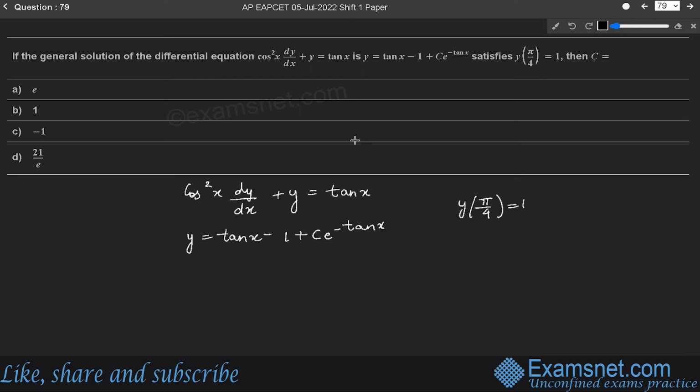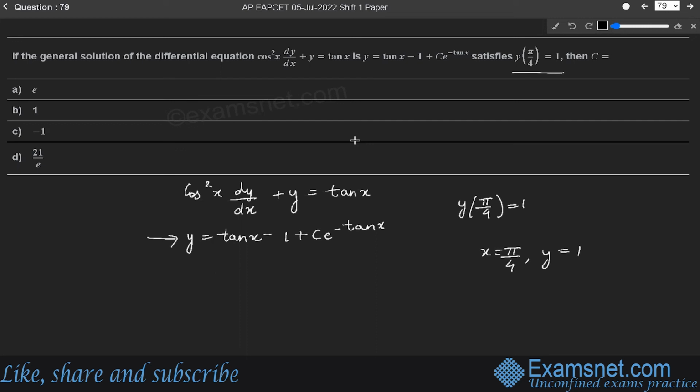The condition which is given that it satisfies y of pi by 4 is equal to 1 means that when x is equal to pi by 4, then y is equal to 1. We have to put these values in the given solution, which is y is equal to tan x minus 1 plus c into e power minus tan x.